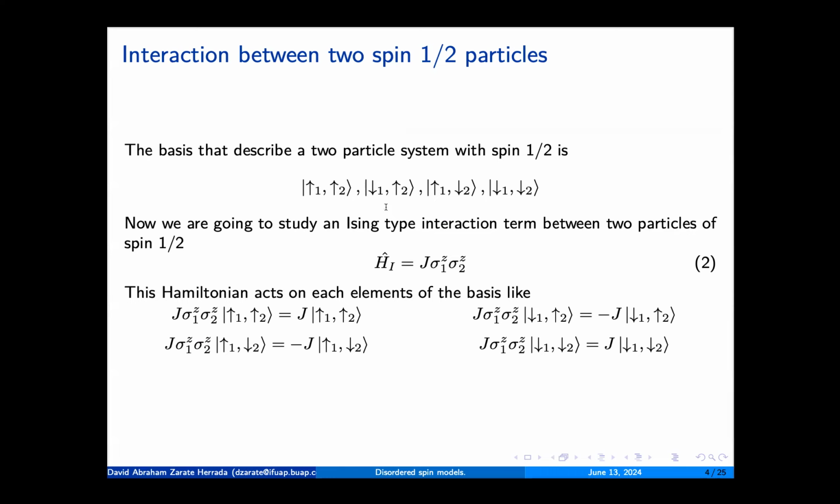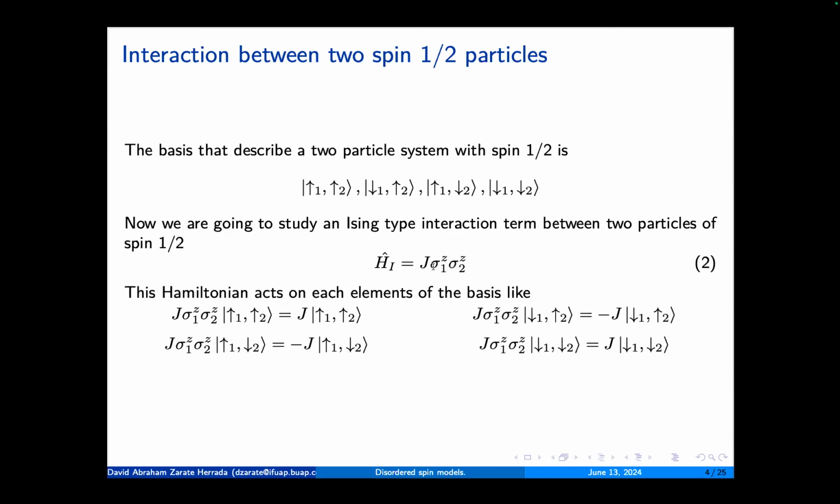The elements of this basis I have labeled with two different labels. The first label corresponds to the first particle, and the second label corresponds to the second particle.